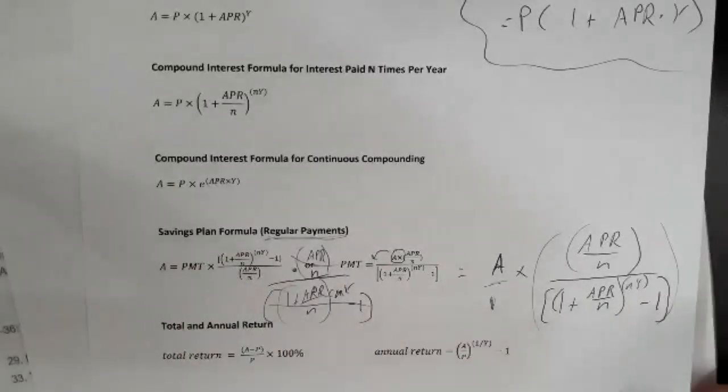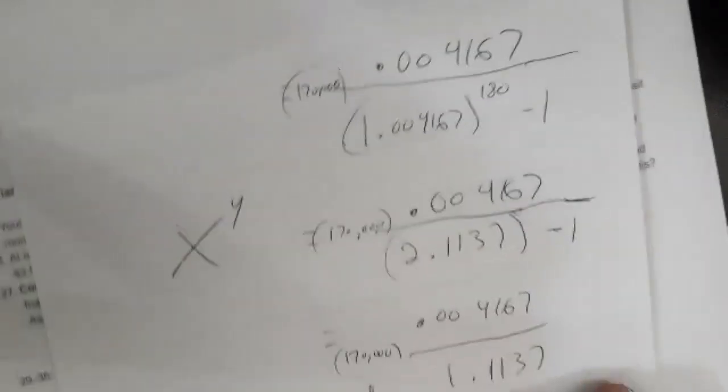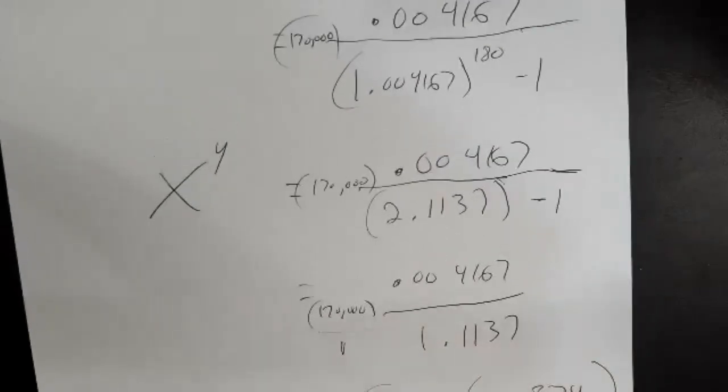Okay, so I think the next thing says what? At age 20, when you graduate, you start saving for retirement.